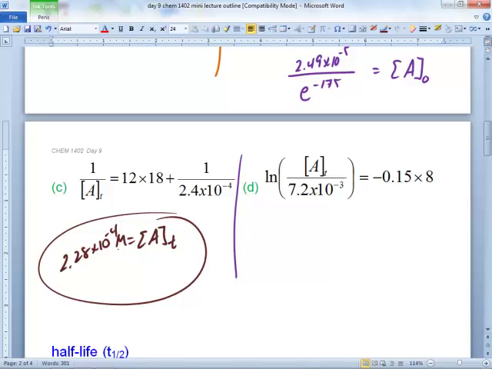Okay. Victoria, you get that? Okay. I'm going to write an answer down for this one, and then you can try the next one. 2.2 times 10 to the negative 3.